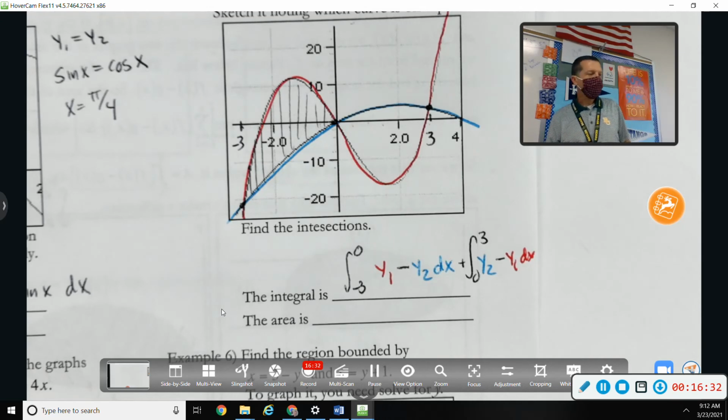So I'd have to split them up because top and bottom changed, and there's no way to account for that other than to split them up.